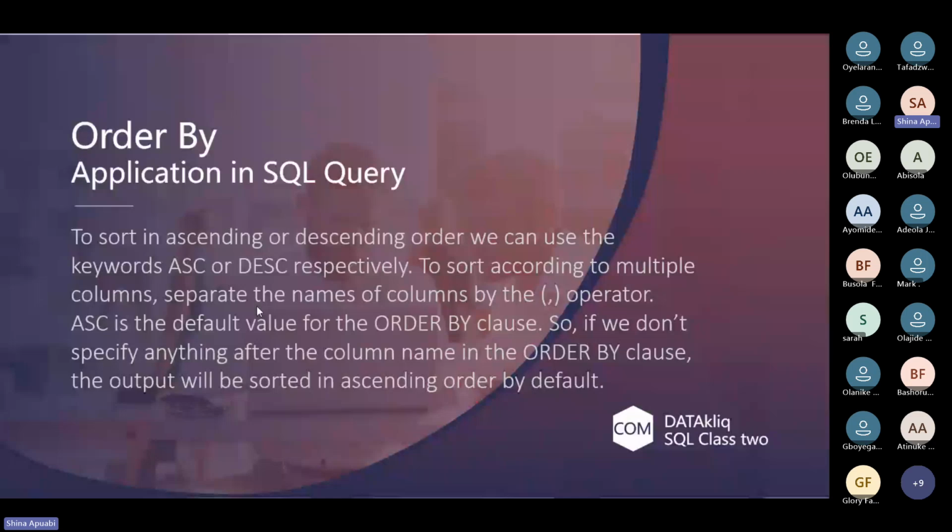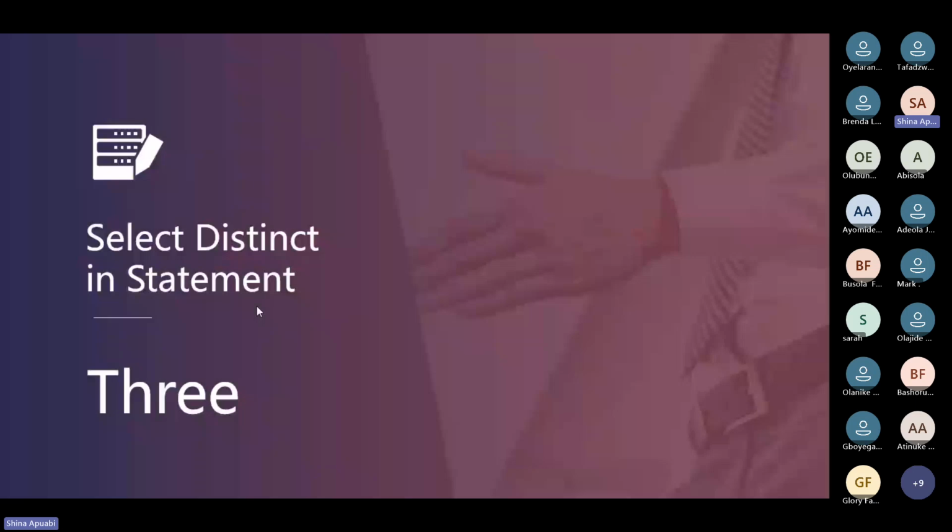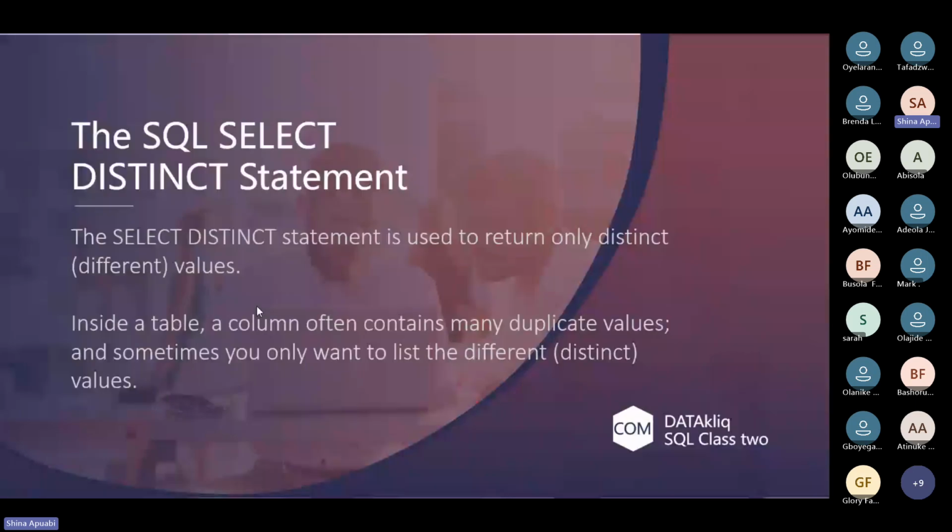So let's look at the second one, select distinct. It's just like unique: instead of showing everything, including the repeated stuff, select distinct will give us the distinct values within the column. It will remove multiple entries and return them as one unique value.